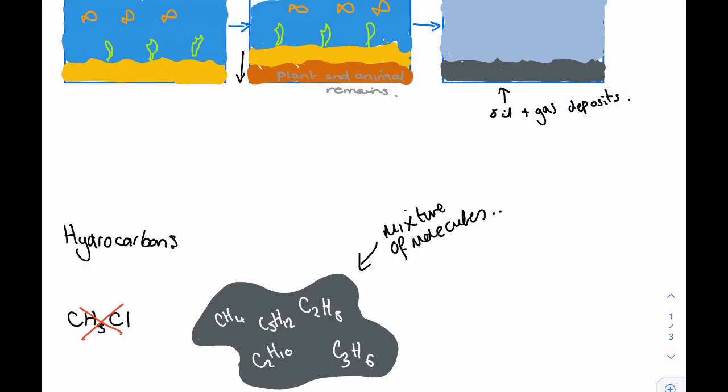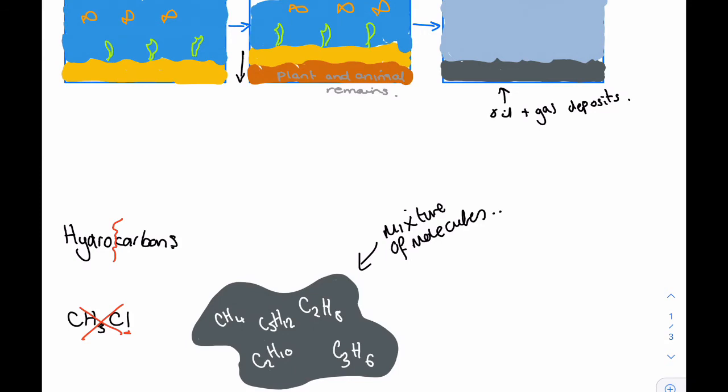So hydrocarbons, and you can see it in the name, if we split that up, hydrogen and carbon, have to have hydrogen and carbon in the molecule and nothing else, because as soon as we've got something else, it stops being a hydrocarbon.